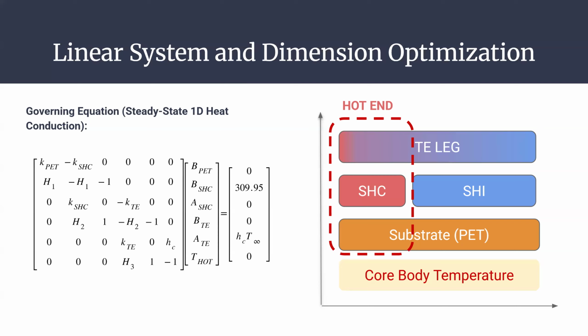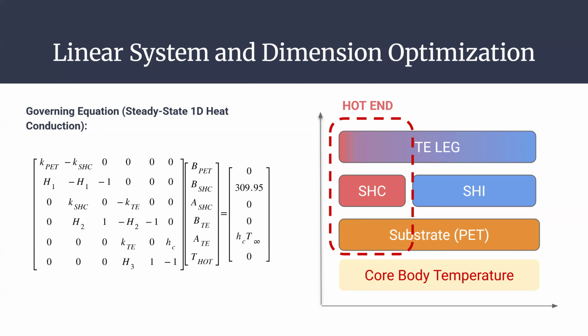Here we have this 6 by 6 linear system, which is composed of boundary conditions and those general solutions that is dictated by the continuity of temperature and continuity of heat flux. And using that linear system, we can have an infinite number of solutions.